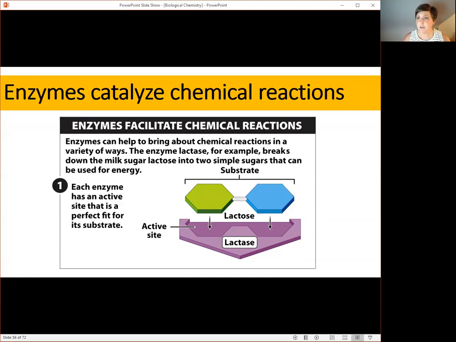The substrate is the molecule undergoing the reaction. For example, lactose is a substrate that the enzyme lactase will act upon. The active site of an enzyme is absolutely specific for the substrate that fits in its active site.